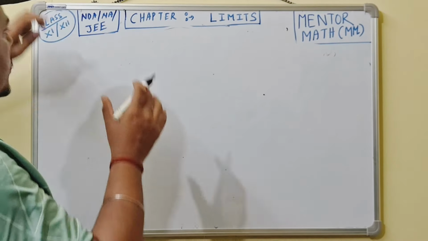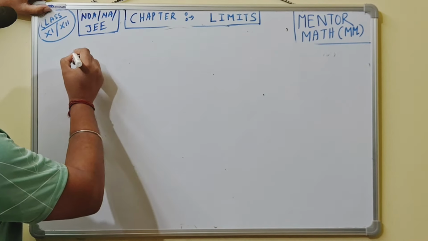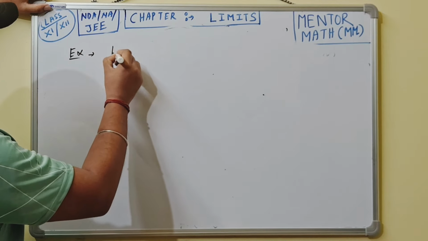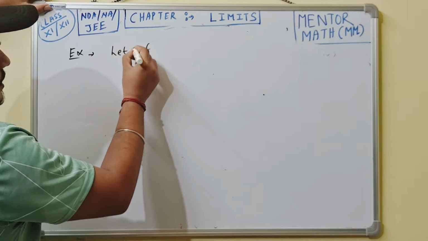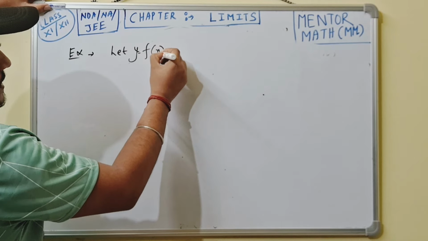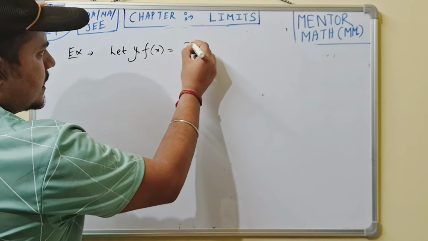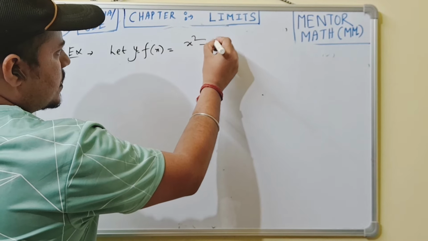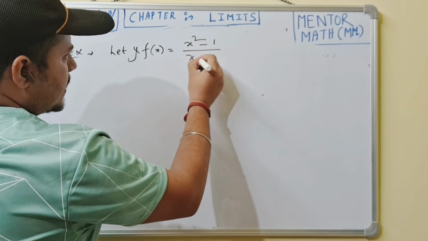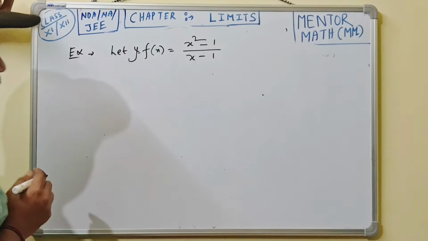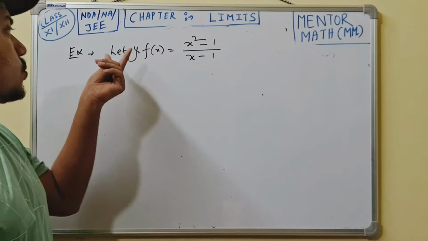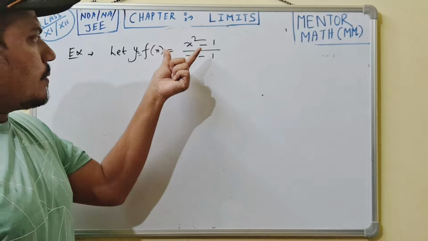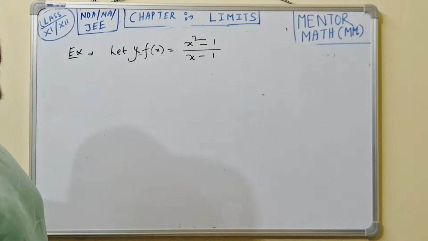Now let's take one example. Let one function y equal to f(x) equal to x square minus 1 by x minus 1.